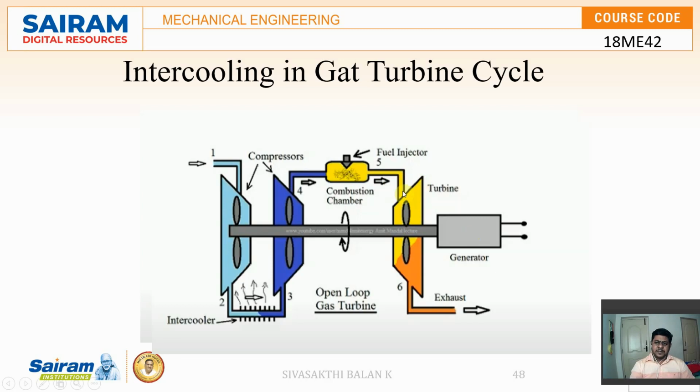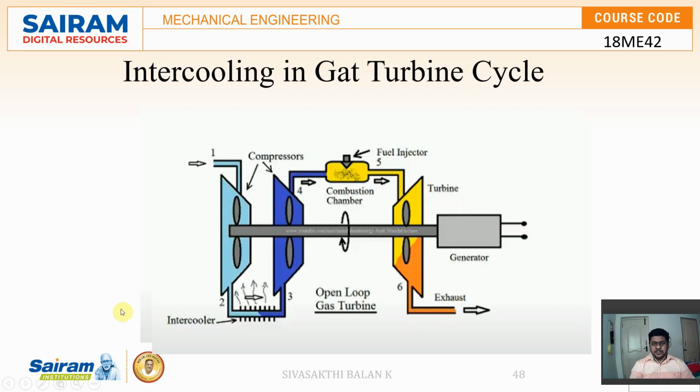It gets expanded, and while expanding it transfers its energy into mechanical energy and loses its temperature and pressure. The low pressure, low temperature gas, almost equal to the surroundings, is sent out to the exhaust or atmosphere.